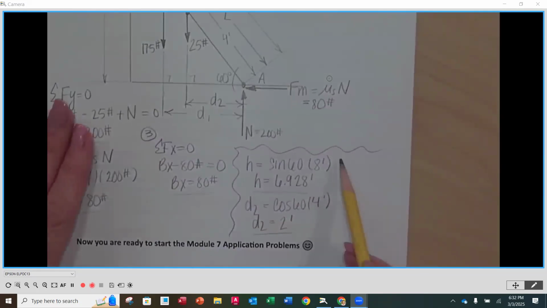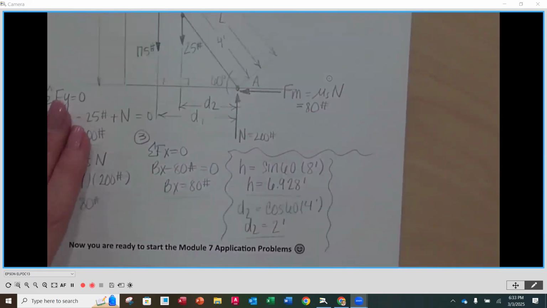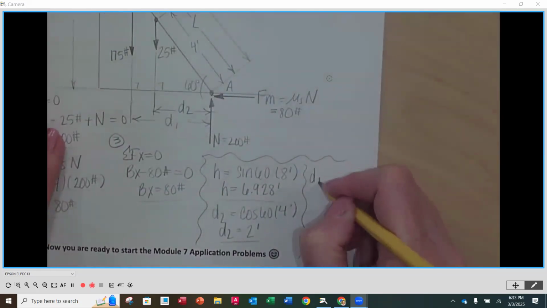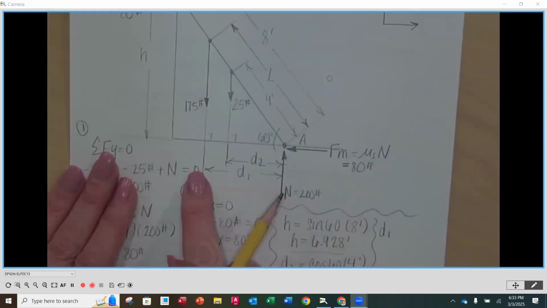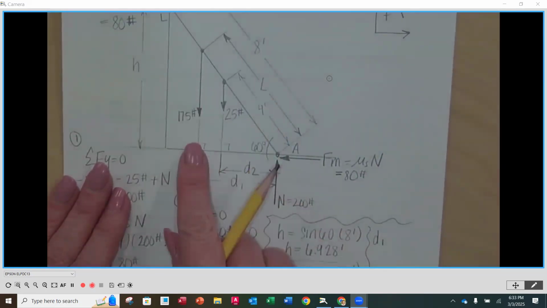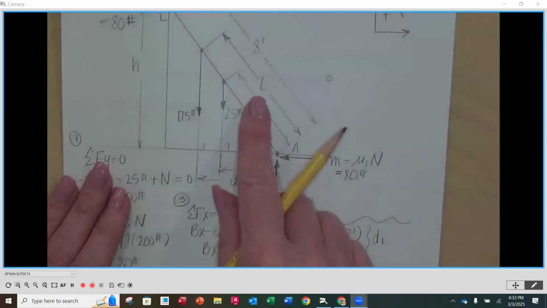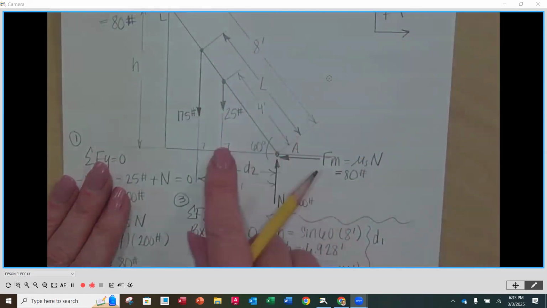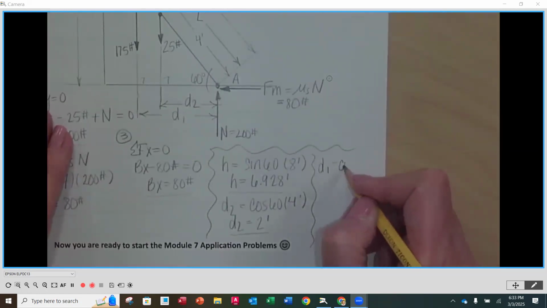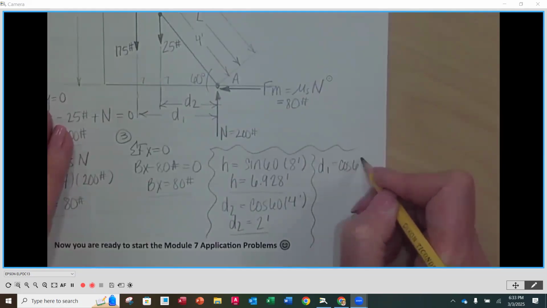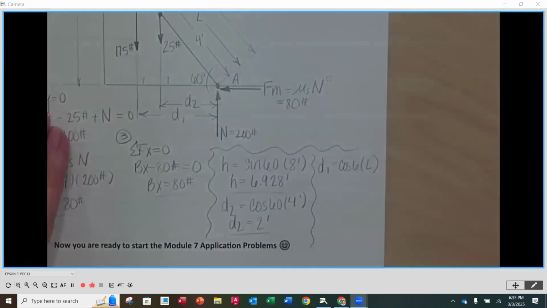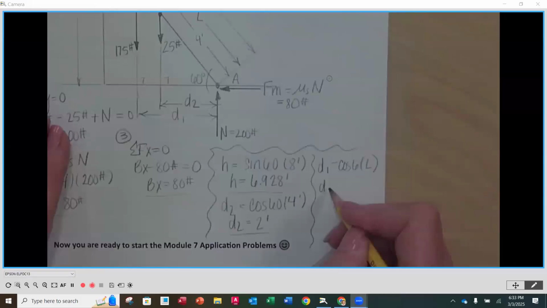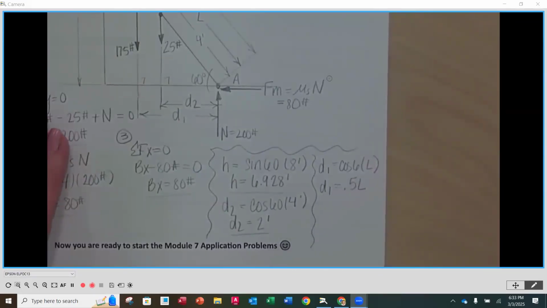And then the last one that we have is D1. D1 is the distance perpendicular to the 175 pounds. Its hypotenuse is going to be L. And then we're also going to take the cosine of 60 times L. Since the cosine of 60 is 0.5, it's going to be 0.5 L in terms of that hypotenuse.